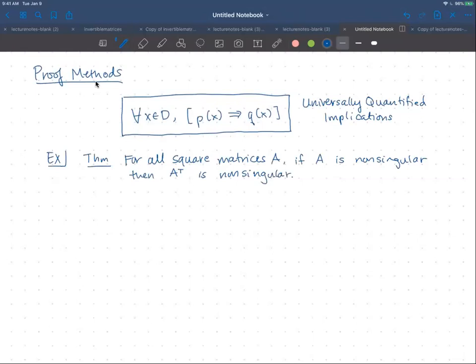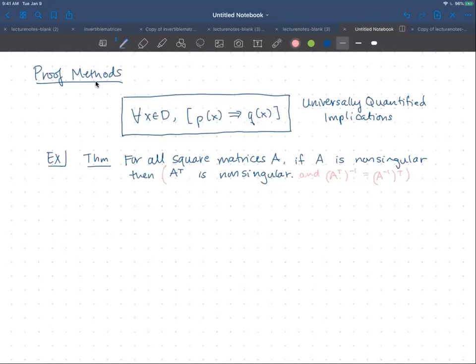And in fact, we could make the then piece a little bit more exciting. We could start wrapping in other connectives, right? We actually proved a little more. We said that A transpose is non-singular, and the inverse of A transpose is the transpose of A inverse, which exists because A is non-singular.